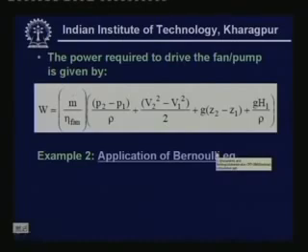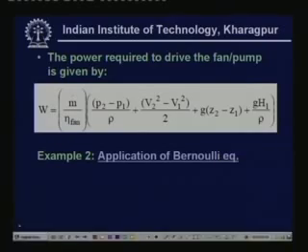Now, what is the power required to drive the fan or pump under the case discussed just now? So, this equation gives what is the power requirement when you are using a fan or a pump. This again is derived by using Bernoulli's equation, and what we have here, this m dot is nothing but the mass flow rate of the fluid, and this is the head loss, and this is the static pressure at the outlet, static pressure at the inlet.